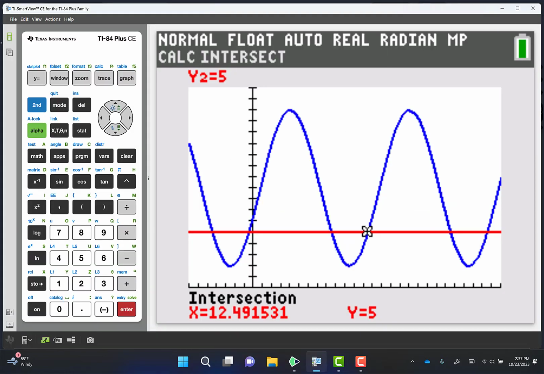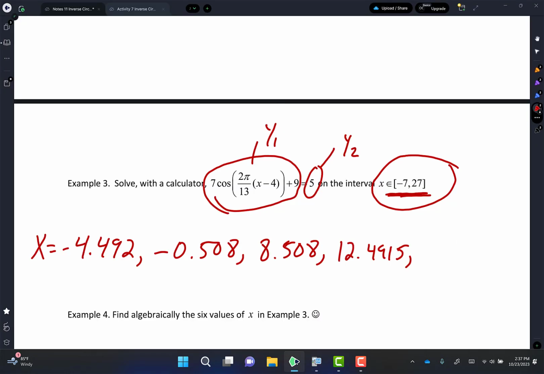Give me the last 2. There's 2 more in there. Say it again. 508. Okay, and there's 1 more. What is it?